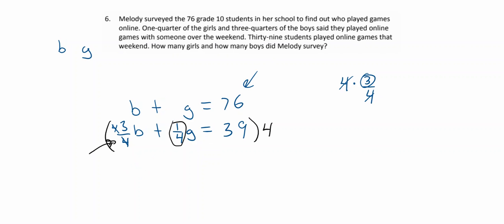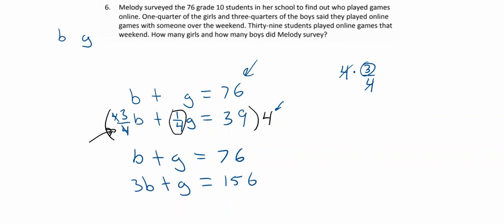Let's write the first one again so we have it in order. B plus G is equal to 76. On the next line down, we'll multiply everything by 4. So we have 3B plus, and this is what we wanted, 4 times 1/4 is 4/4 or 1, so that's just G. And that's equal to 156.